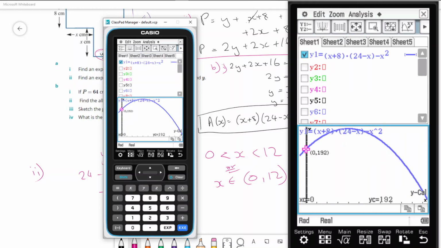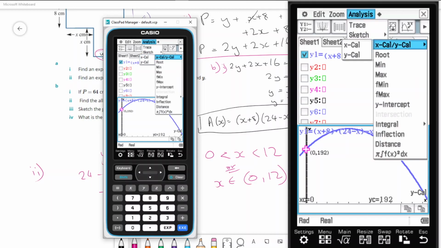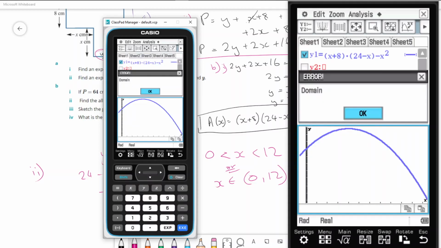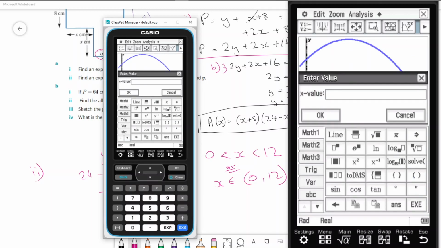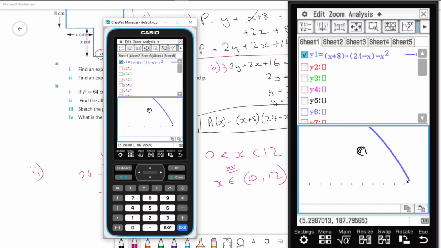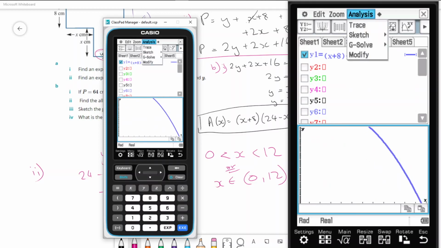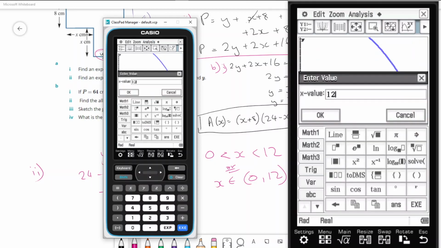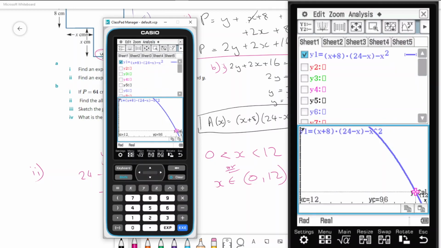I can see at 0 and 192. And analyze gsolve y when it's 12. Analyze gsolve xy calc at 12. There it is at 96.